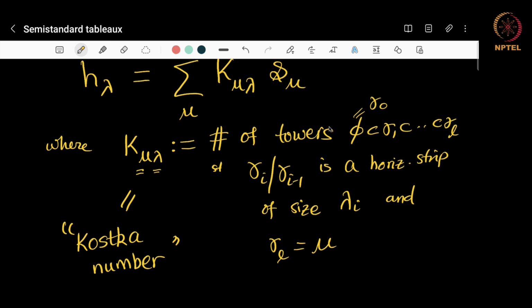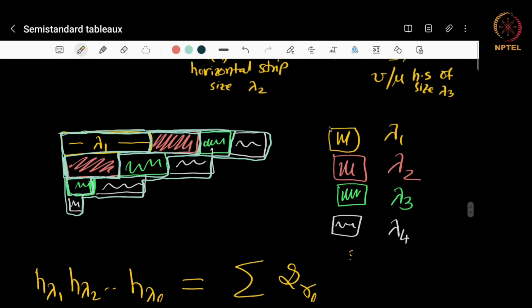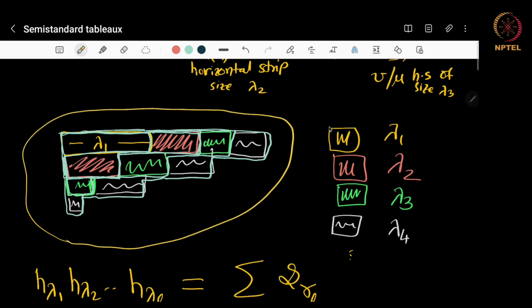Okay, good. Now one way of thinking about it is in terms of these towers, but there is another way of thinking about it, which is sometimes nicer, and that's the following. Let's look at this picture again that we drew earlier of the tower of shapes.